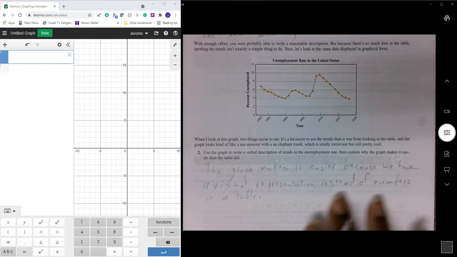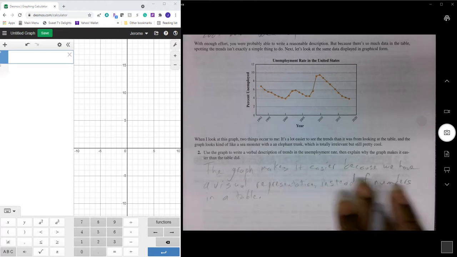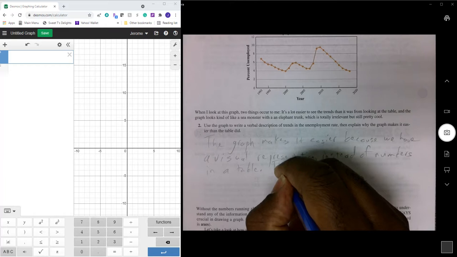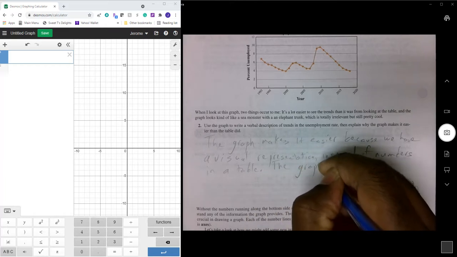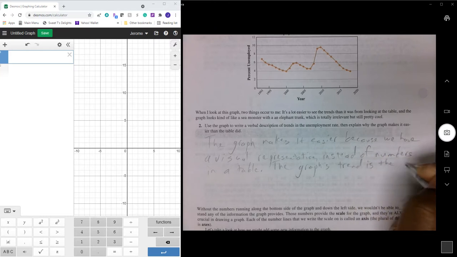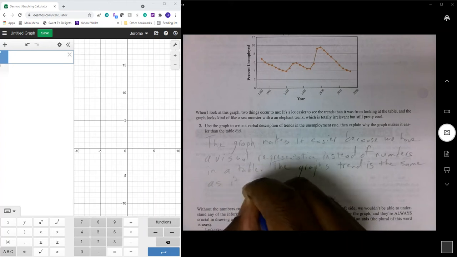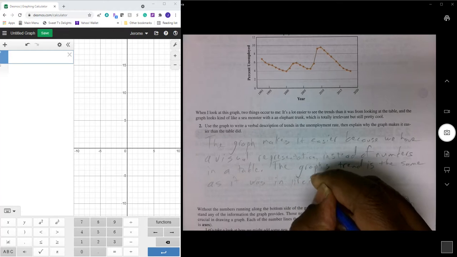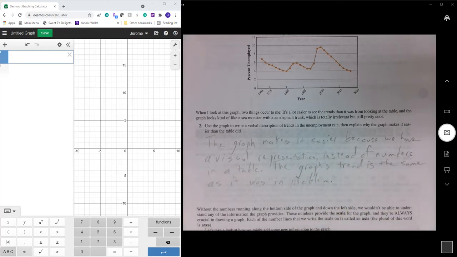And then it says use the graph to write a verbal description. Okay, so this is why the graph is easier. But the verbal description is the graph's trend is the same as it was in problem 1. So we don't need to rewrite all of that again. It's the same thing as it was in problem 1.